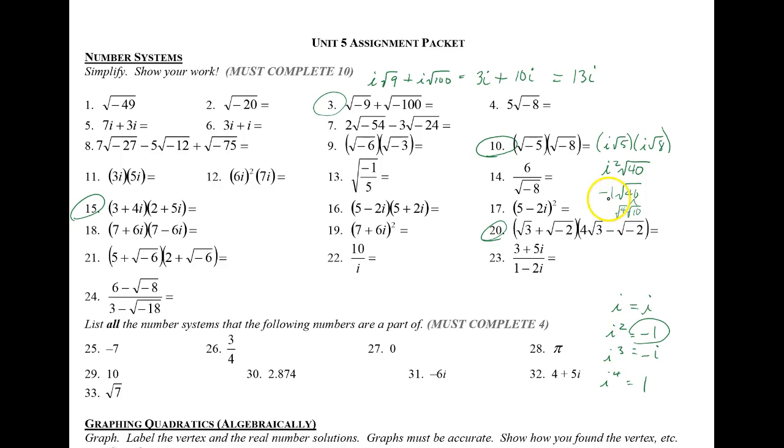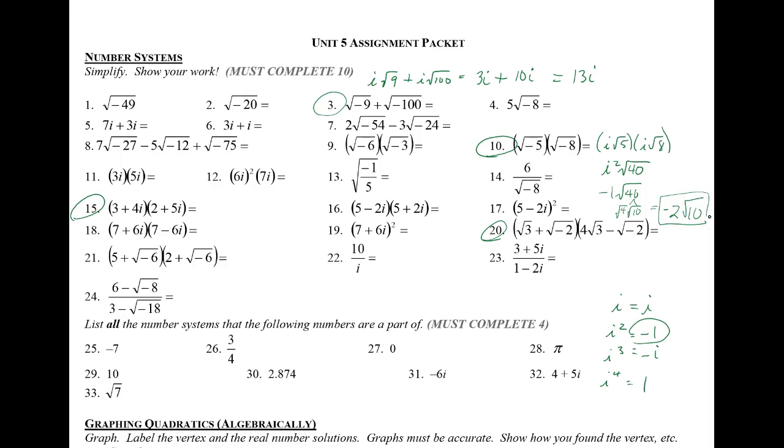So that 2 I'm going to combine with the negative 1 that's in the front. So now it becomes a negative 2 because I'm just multiplying those, right? This is multiplication when they're stuck together. And then the square root of 10, well, there is no square root of 10, and so that stays under the radical. So that would be my final answer for something like number 10.